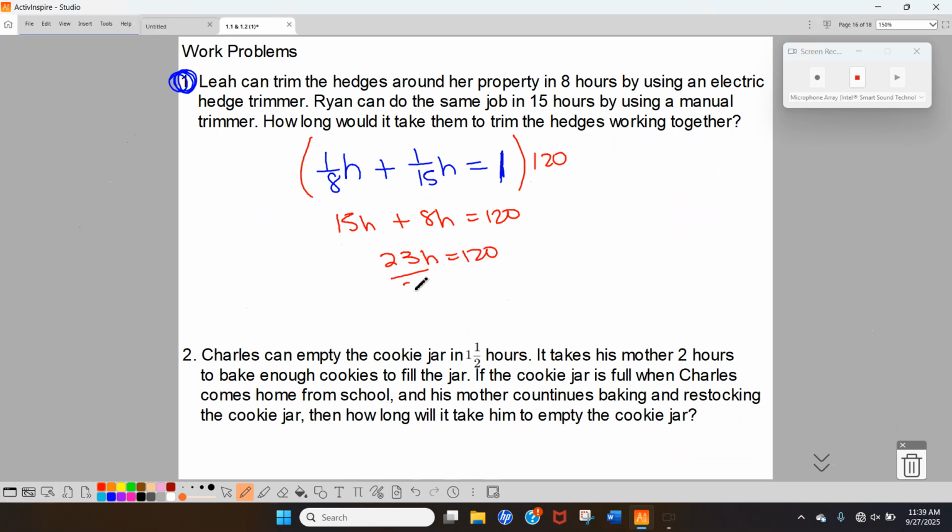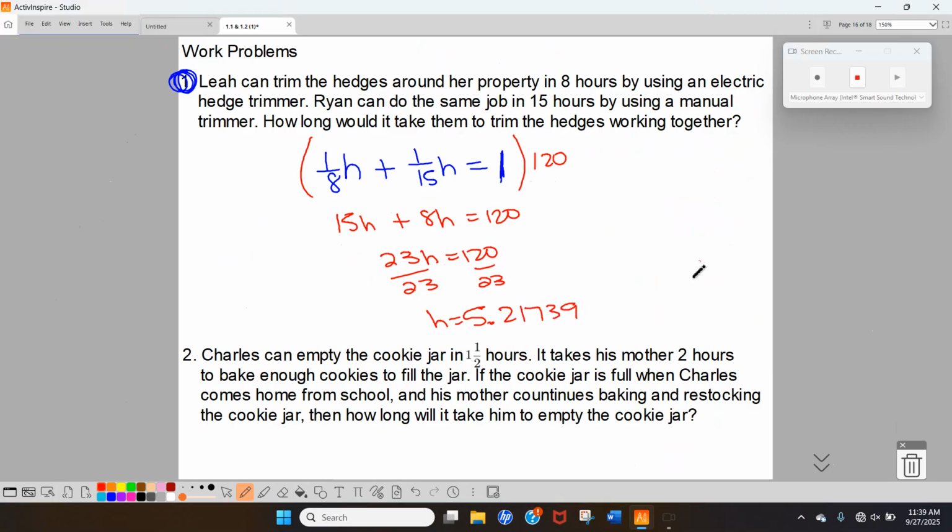So then divide by 23 and we get 5 point 21739. And it keeps going.